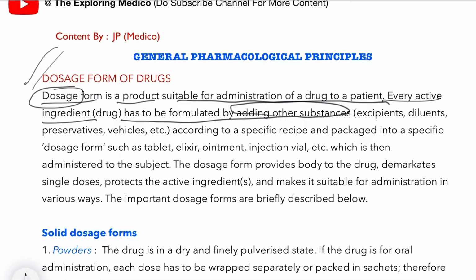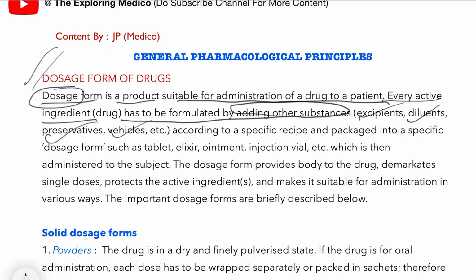So every drug has other substances like excipients, diluents, preservatives, and vehicles. Excipients means any type of inactive substance that serves as a vehicle or mode for a drug.